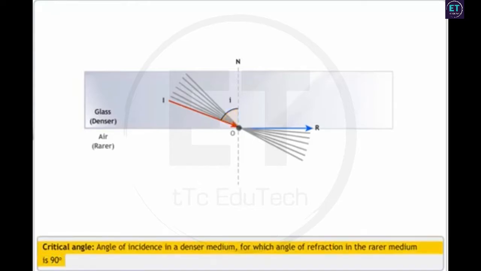This angle of incidence is called the critical angle of the given denser medium with respect to the given rarer medium and is denoted by θc. As the refracted ray travels along the surface, it makes an angle of 90 degrees with the normal. Thus, we can say that at the critical angle, the angle of refraction is 90 degrees.